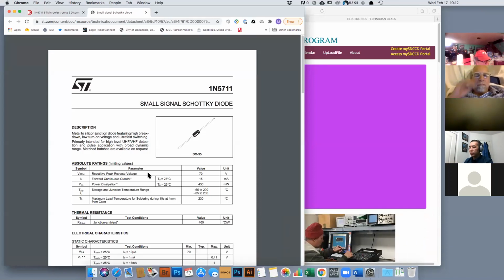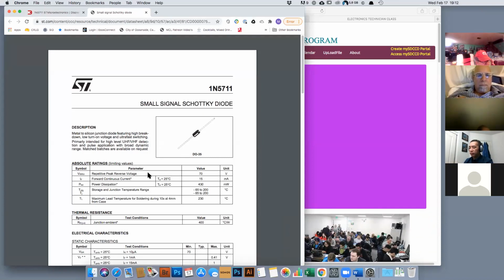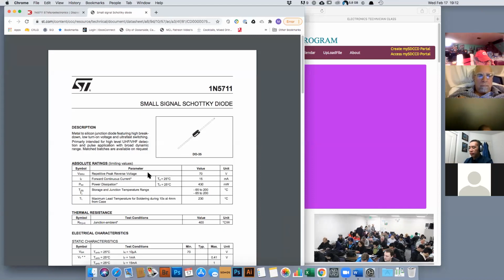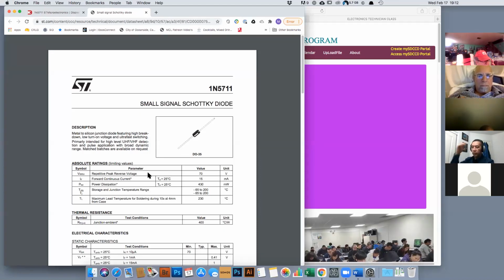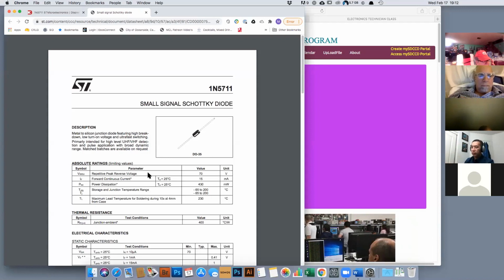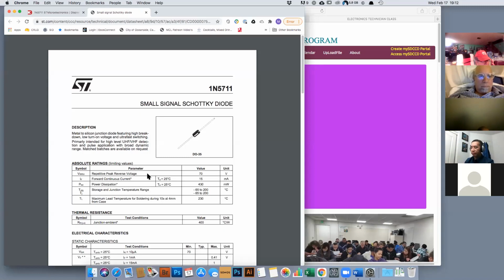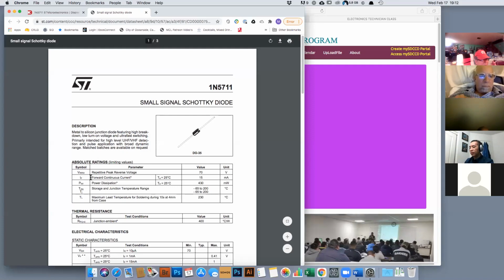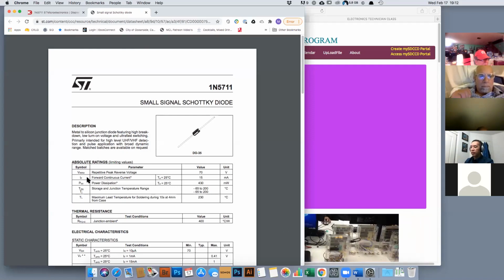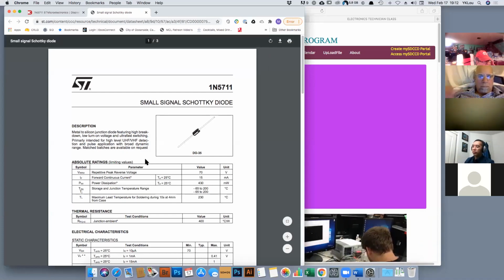Every time somebody comes up with a new diode design or Zener diode design, they go to this standards body called JEDEC, and they assign numbers, and that diode becomes standardized. For example, when I was first starting out in engineering, there was this universal transistor, the 2N2222, and you used it for everything, everywhere.